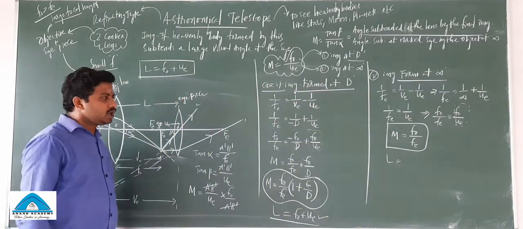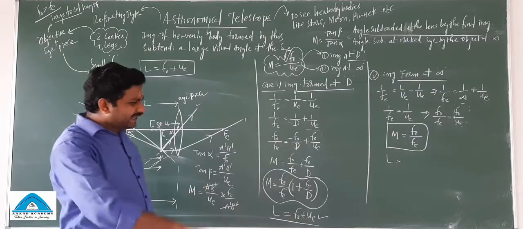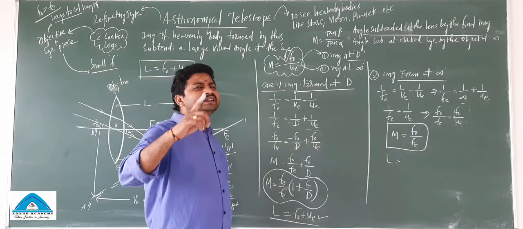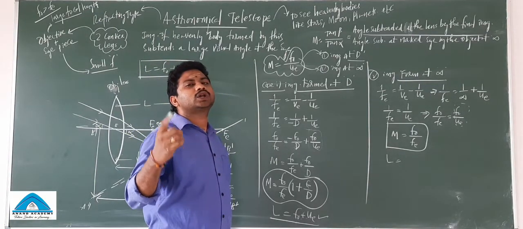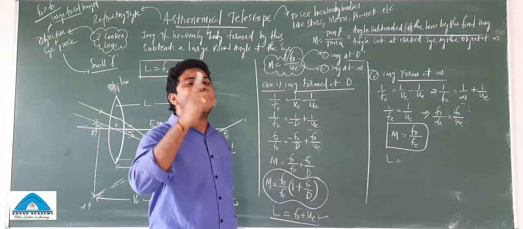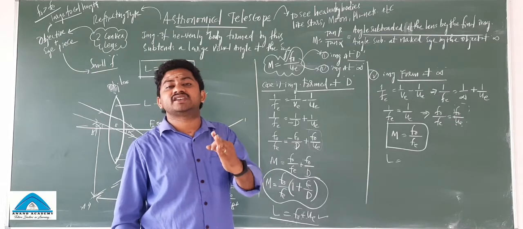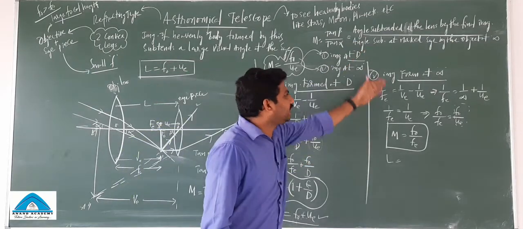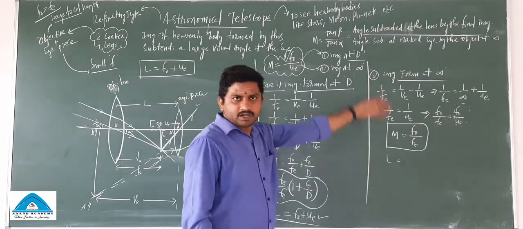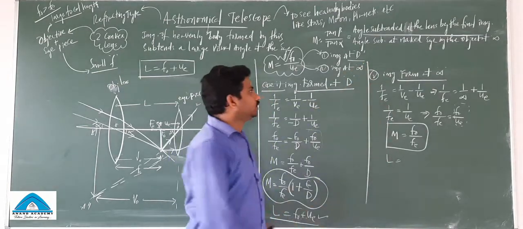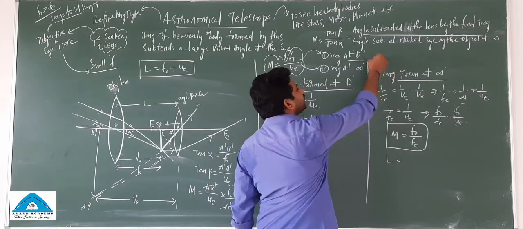That is important. And again I am telling you, 90% of the time the question can be asked from the astronomical telescope, and in those cases the question will definitely be from this part. This is the most important case.